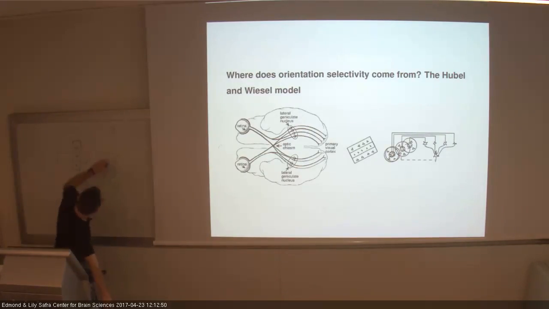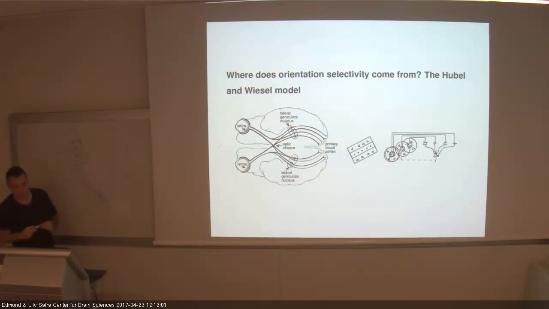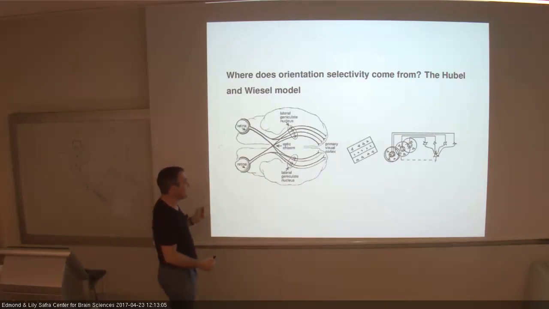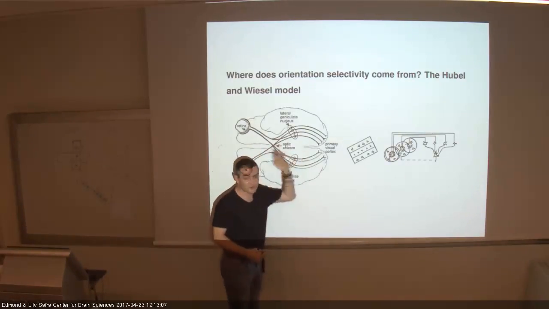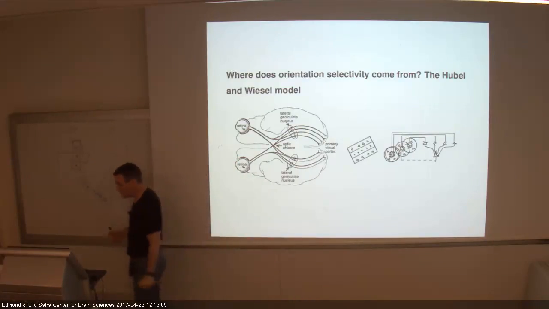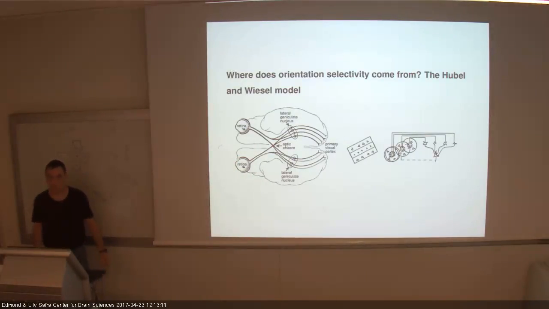This neuron in V1 will be selective to this orientation, whereas this neuron in V1 will be selective to this orientation. So the hypothesis of Hubel and Wiesel was that selectivity emerges because of the specific structure of feed-forward connections from the LGN to the primary visual cortex.